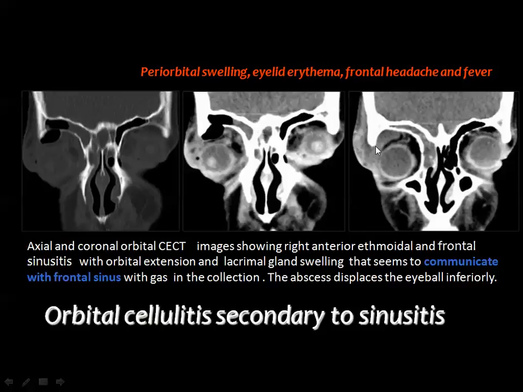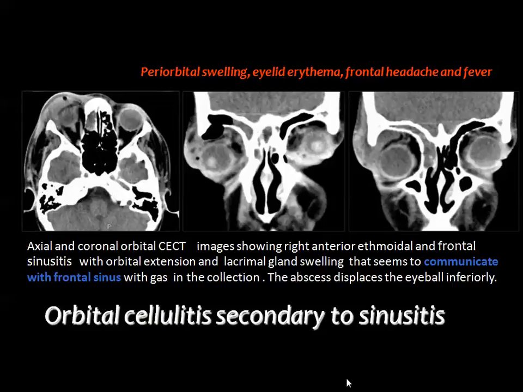You see involvement of the lacrimal gland and inflammatory granulation tissue in the superior lateral aspect of the orbit with swelling of the eyelid as well. In the axial image, you can see some air loculi, and this air is usually trapped between the eyelid and the inflammatory reaction anterior to the globe.